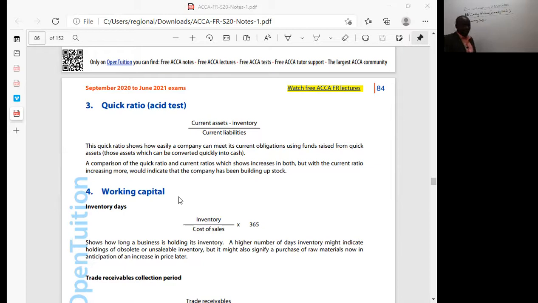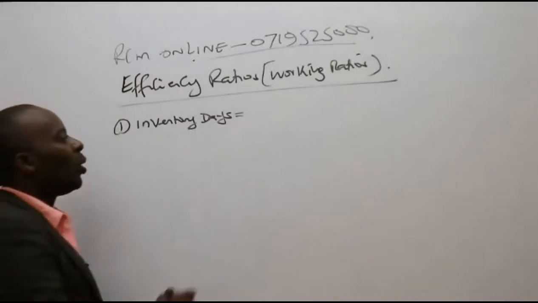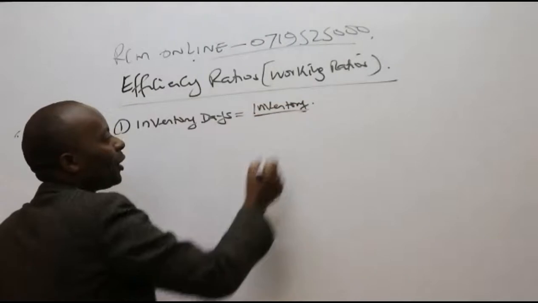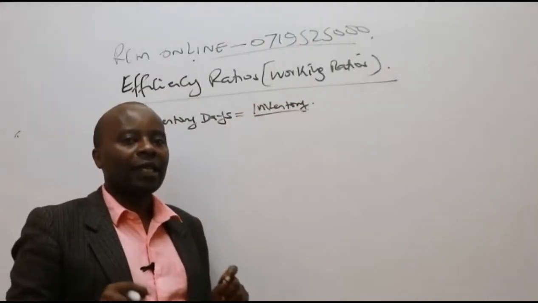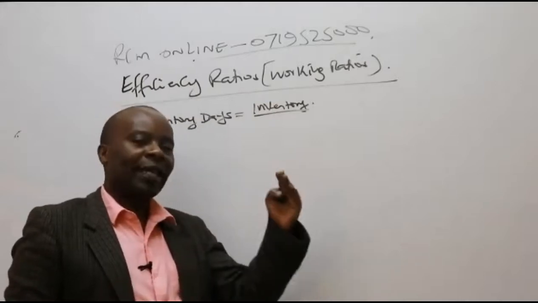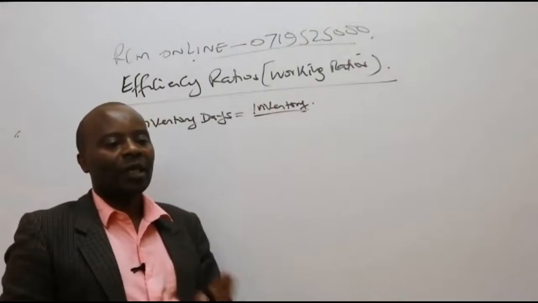Inventory days. So, ladies and gentlemen, what do I do to get inventory days? I will look at my inventory in the balance sheet. I know that inventory is normally found in the cost of sales, where we talk of opening inventory, add purchases, less closing inventory.